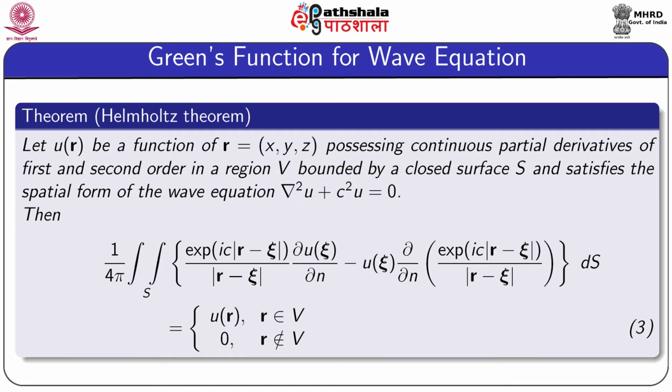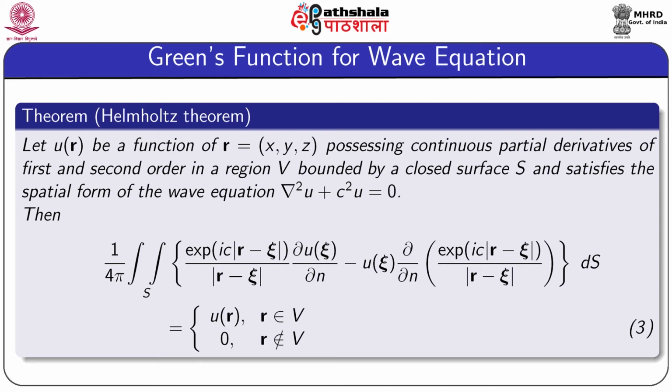Then the surface integral of 1 by 4 pi times (exponential of i c |r minus xi| divided by |r minus xi| into del u del n minus u del del n of exponential i c |r minus xi| divided by |r minus xi|) is equal to u(r) if r is a point in the region V, and the value of this expression is 0 if r is outside the region V.